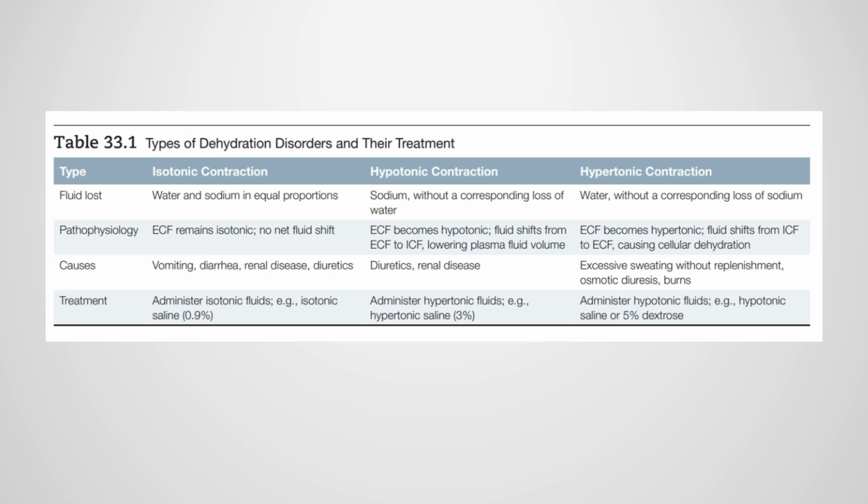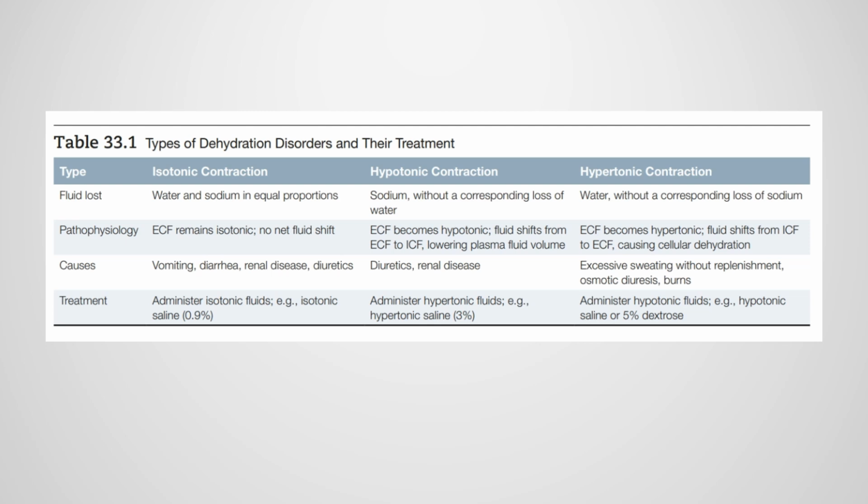So how do we replace isotonic fluid loss? Well, we would just administer an isotonic solution, such as normal saline at 0.9%. Okay. We could also use Ringer's lactate because that is an isotonic solution as well.